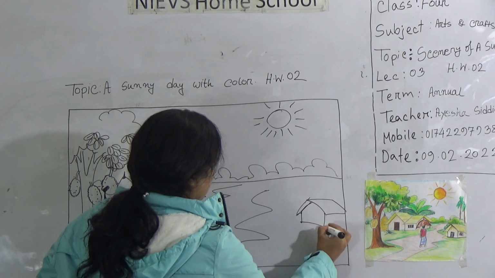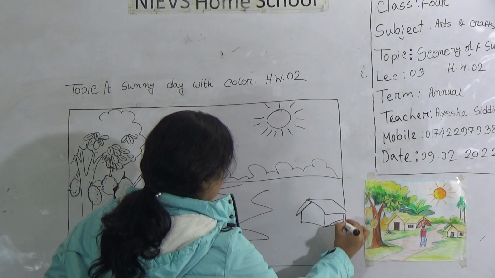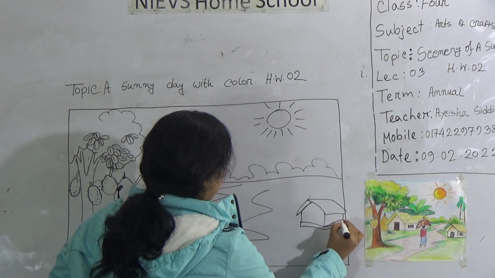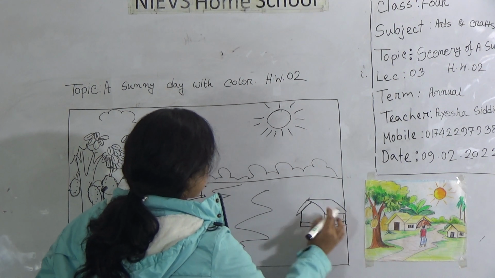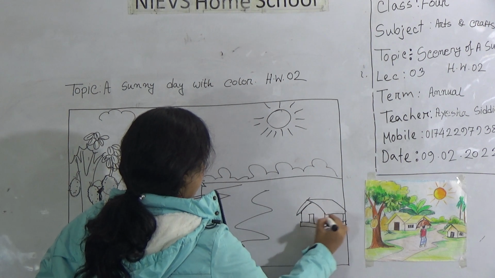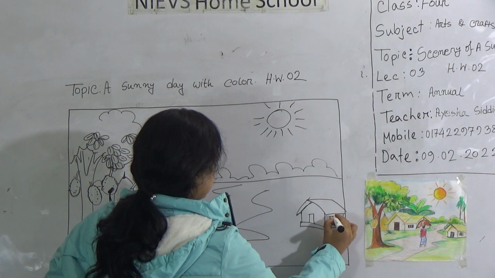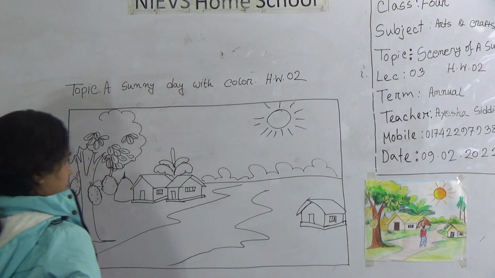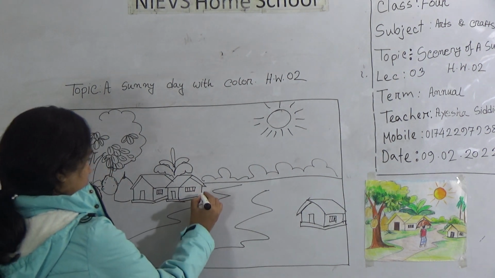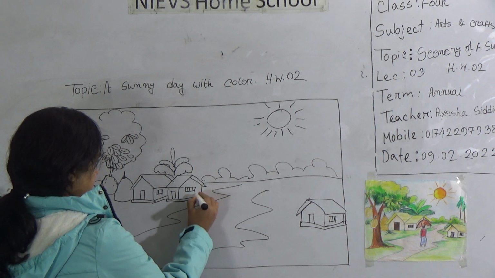All of you already know how to draw a house because you are class 4 students. And if you have any problem, you can pause my class when you watch.